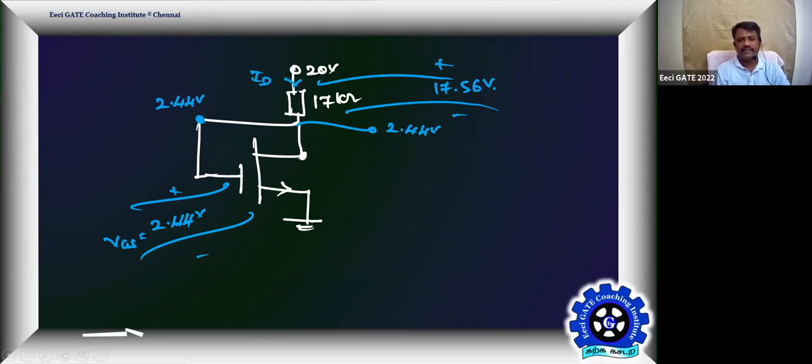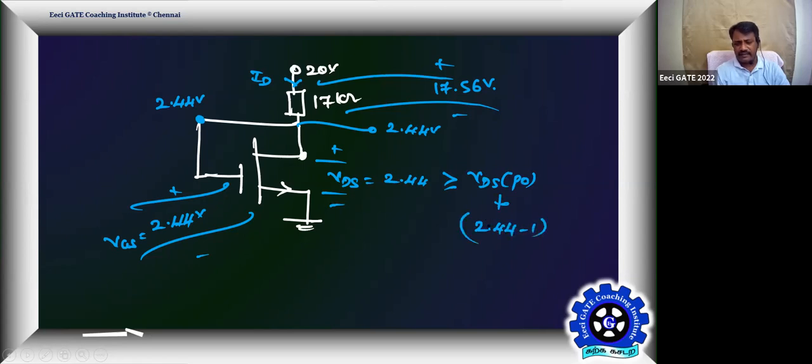The problem is ID only, because you know it is always in saturation. Because your VDS is same as VGS, that is 2.44, which is always going to be greater than or equal to the VDS pinch-off value, equal to 2.44 minus 1, which is nothing but 1.44 volt.